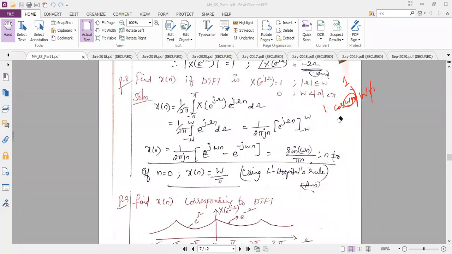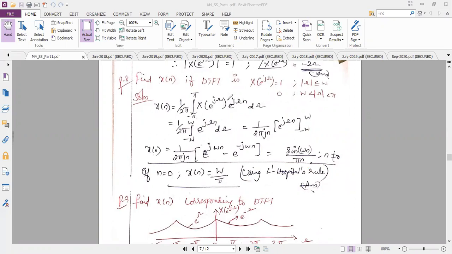Yes, ma'am. According to L'Hospital's rule, we'll differentiate both numerator and denominator, no, ma'am? Okay, then tell me. It will be omega, and the denominator will get differentiated and it will become pi, ma'am. Okay, like that. Fine.